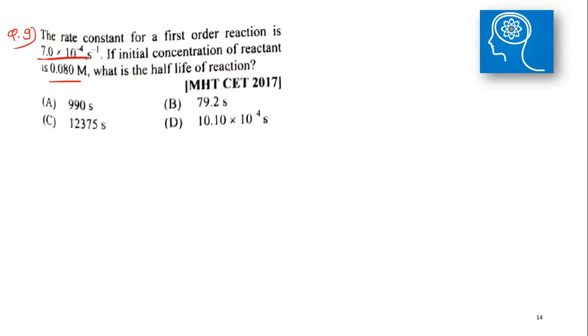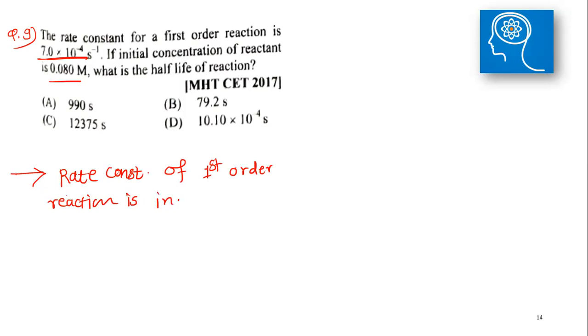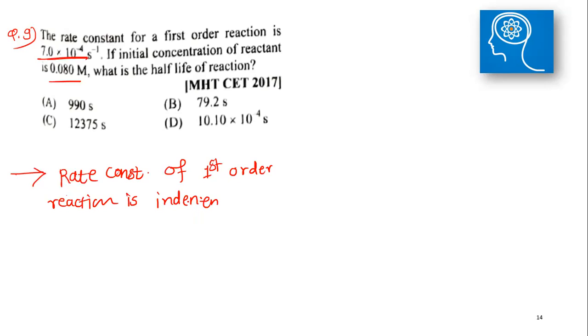Again, the earlier concept we took: the rate constant of the first order reaction is independent of concentration. Here you can write, rate constant of first order reaction is independent.